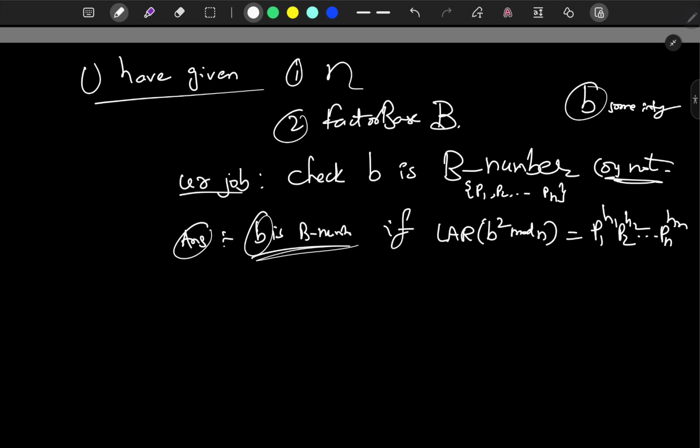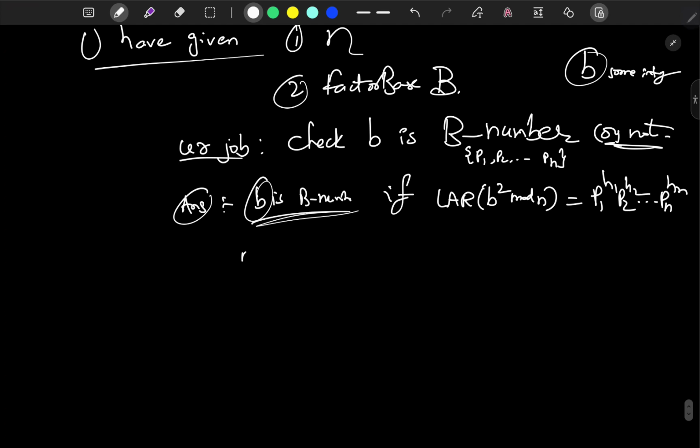If you want to really feel it, I can give an example. For a given n equals 4633 and capital B, this is the factor base: minus 1, 2, 3. Check whether 67 is a B-number or not.